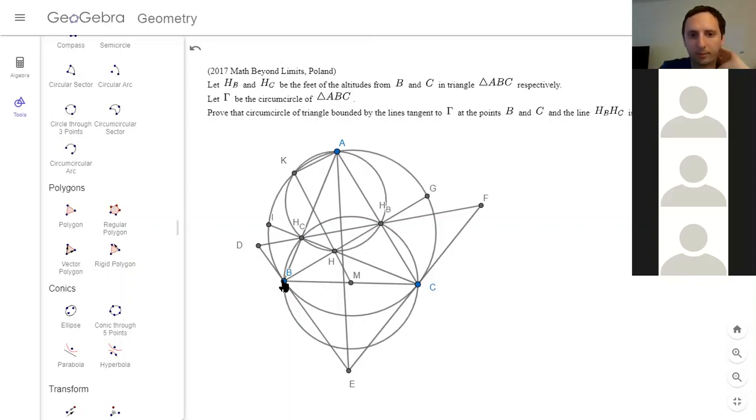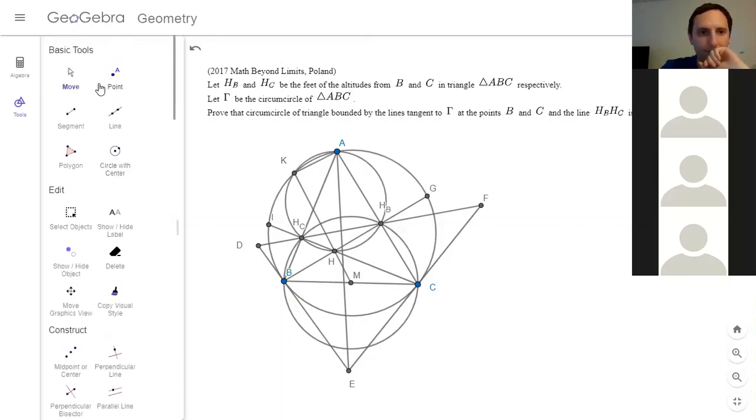Oh, I don't think that would help that much. I wonder if DJ is tangent. No.